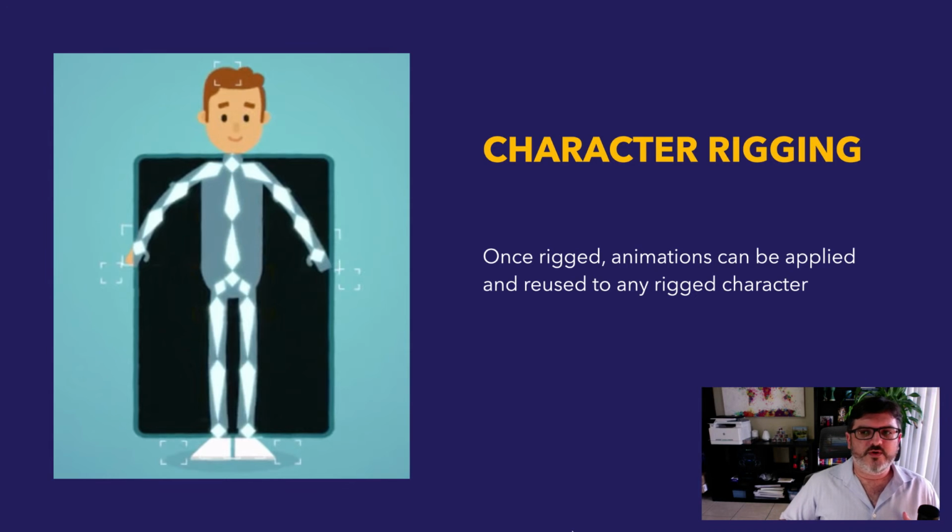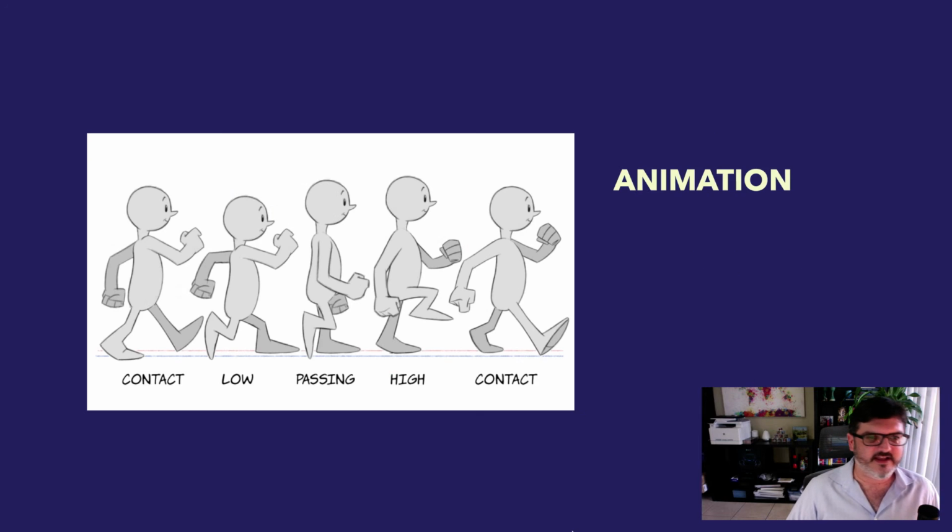Well, what's cool in game development is once you add these bones and joints, and especially if you use a standard set, like this is a bipedal character, then you can apply your biped animations to this without having to go in and animate frame by frame like you used to have to do in cell animation.